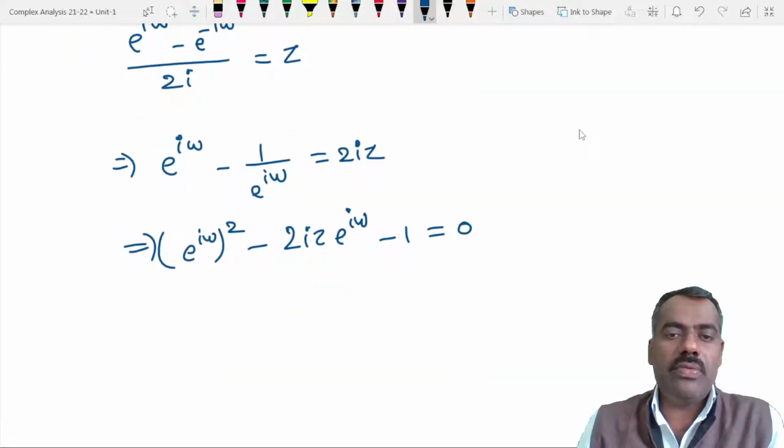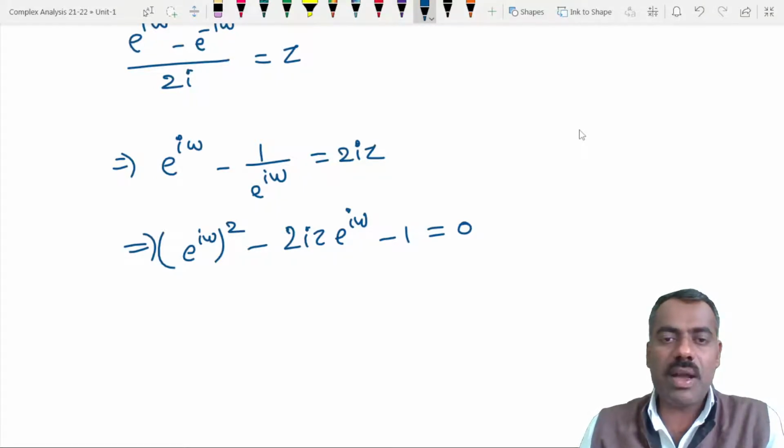Now consider this as a quadratic equation in e^(iw), which is a complex number.